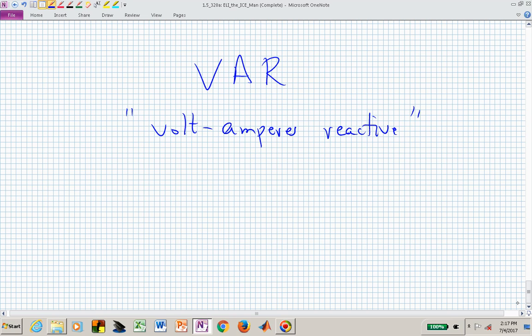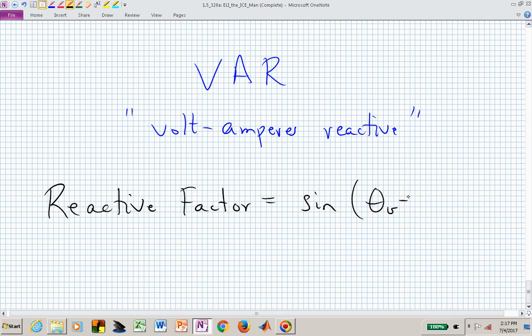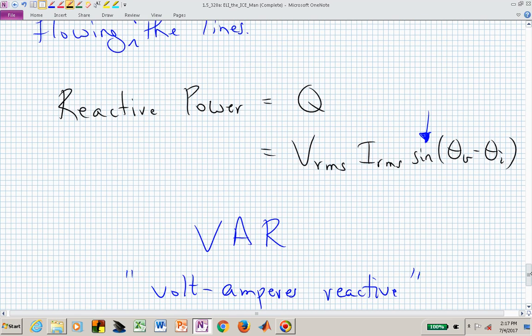And at some point we will start talking about power factor and reactive power. Let's just introduce those for now. And the reactive factor is going to be associated with the sine of theta sub V minus theta sub I, and we'll call that RF. The power factor, so the reactive power is associated with this sine function.